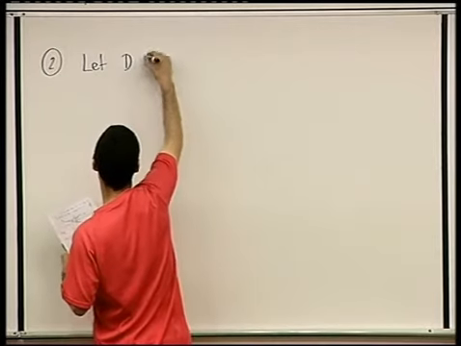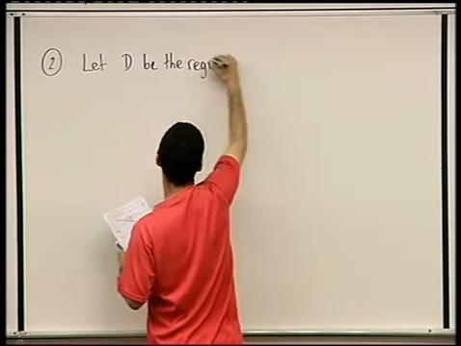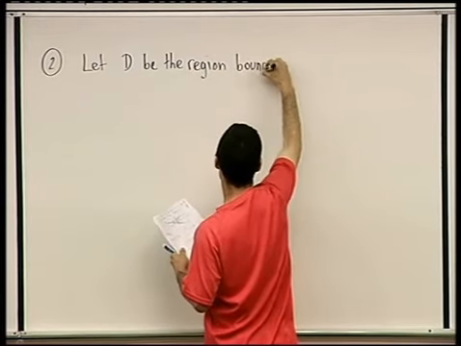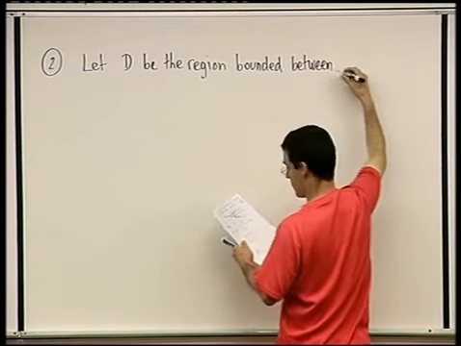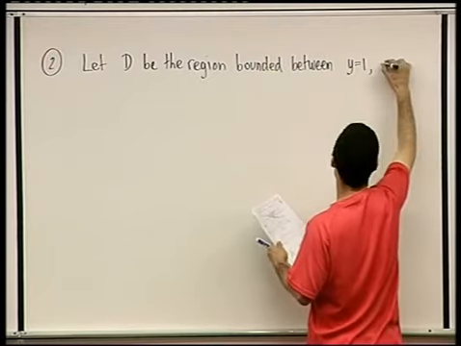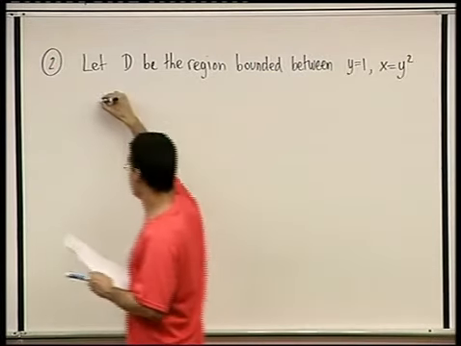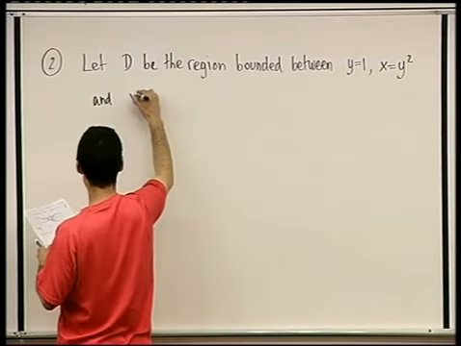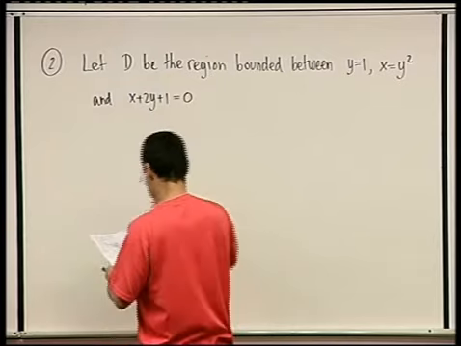Let D be the region bounded between y equals 1, x equals y squared, and x plus 2y plus 1 equals 0.